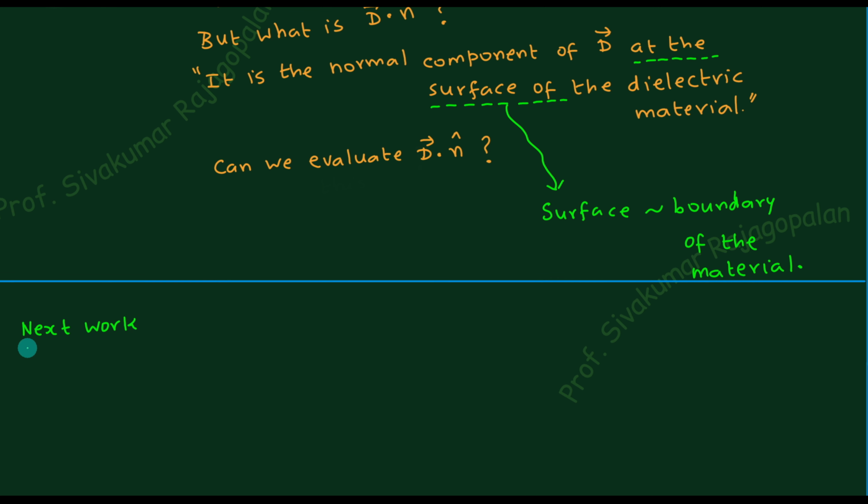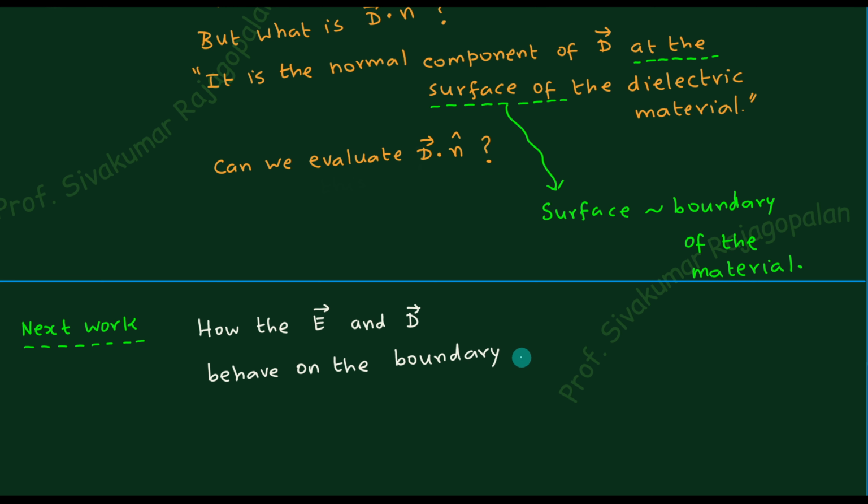So our next work will be, that means we are immediately interested in learning how the electric and the displacement vector behave. So naturally you can understand what our objective is. Our objective is to understand how the electric field and displacement field will behave on the boundary.